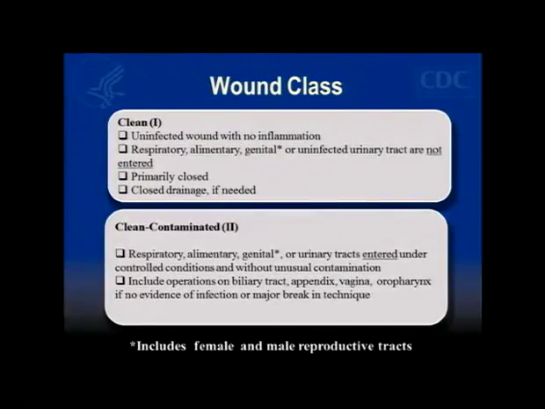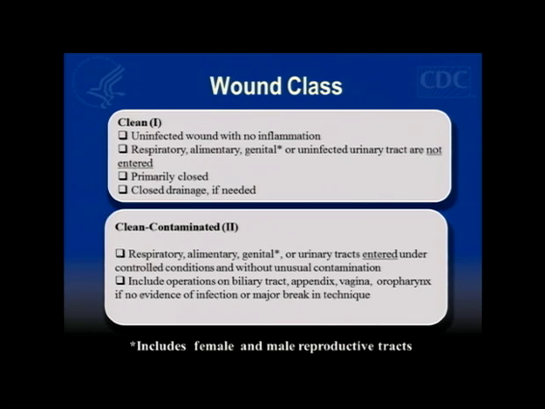Just to remind you, these currently are in the key terms section of the NHSN manual, but these are the definitions of wound class. And I've just starred something that isn't currently in the chapter or in the definitions, because it's a question we get asked a lot. I've starred here genital tract for both clean and clean contaminated, because we include the female and male reproductive tracts in that catch-all phrase of genital.